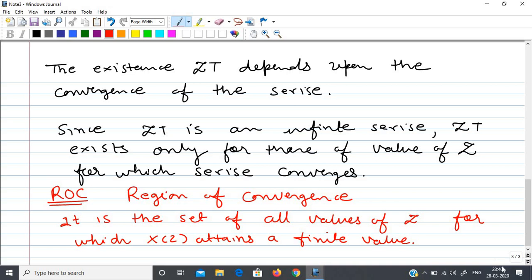Now we shall take some examples, and through examples we shall see what the Z transform is, how we can compute the Z transform of a sequence, and what the region of convergence of that sequence is.